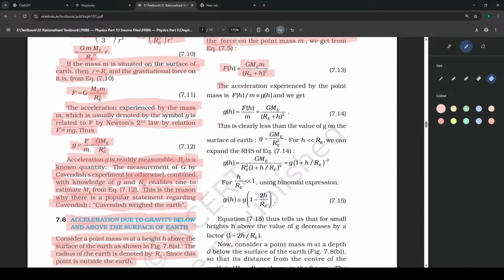The acceleration experienced by this point we get by dividing this by the mass of the point mass, F of h by m, and we get g of h, the acceleration due to gravity at this point, is G me by Re plus h whole square. This is clearly less than the value of g on the surface of Earth.